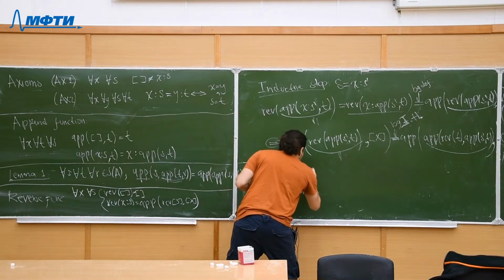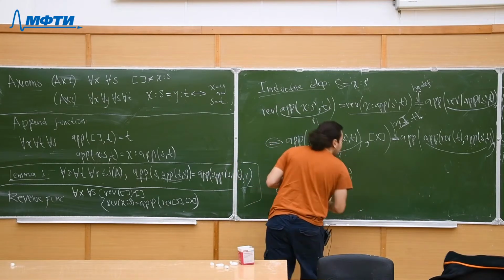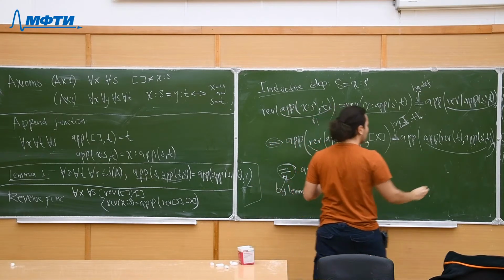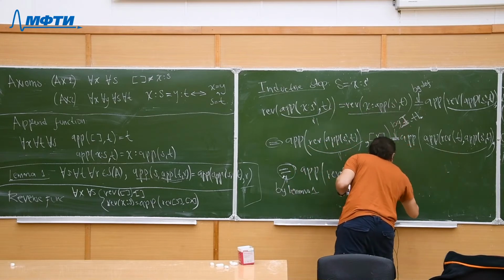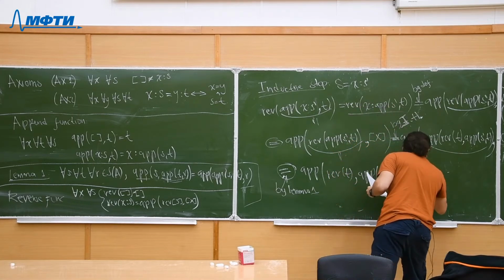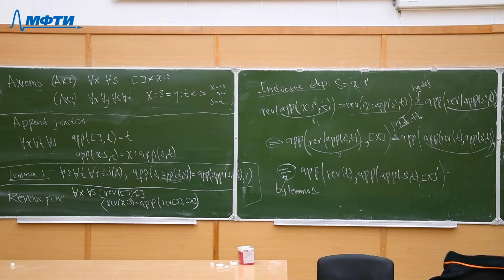To the app of the reverse of T and the app of the app of S prime T and X, the string X. Right? Clear? Yes? Yeah? No? If there's some question, just ask.